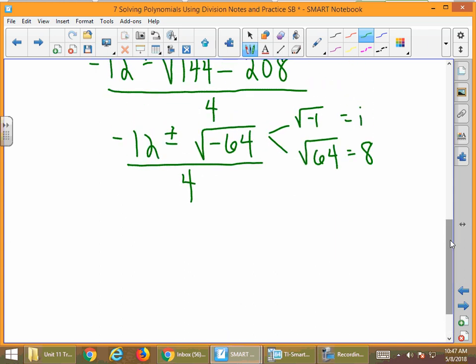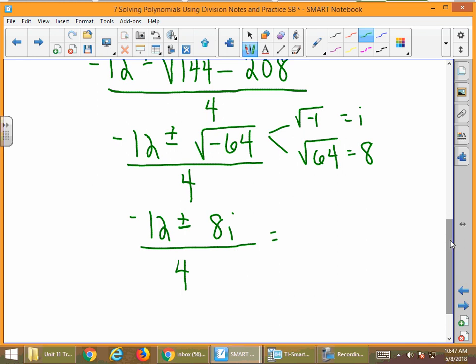So we have negative 12 plus or minus 8i divided by 4. And one last thing that we need to do to get our final two roots, because we want to put it in an exact form. Well, 12 and 8 and 4 are all divisible by a number, which would be 4.